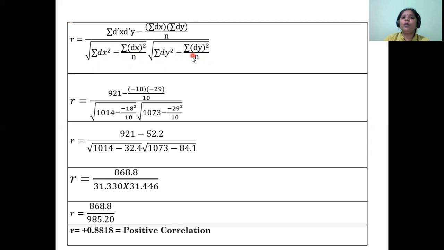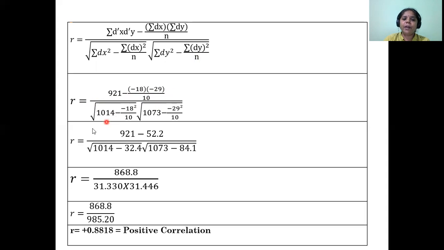N is equal to the number of items. Last time I told you, n is equal to the number of items. How many items did we get? 10 items. So r is equal to 921 minus sigma dx is minus 18, into sigma dy is minus 29, divided by the number of items, 10.